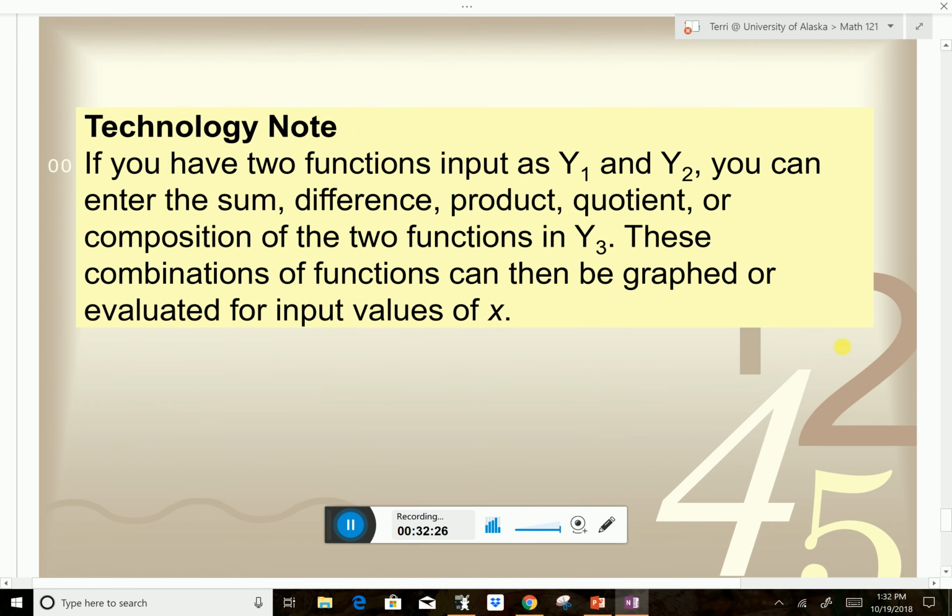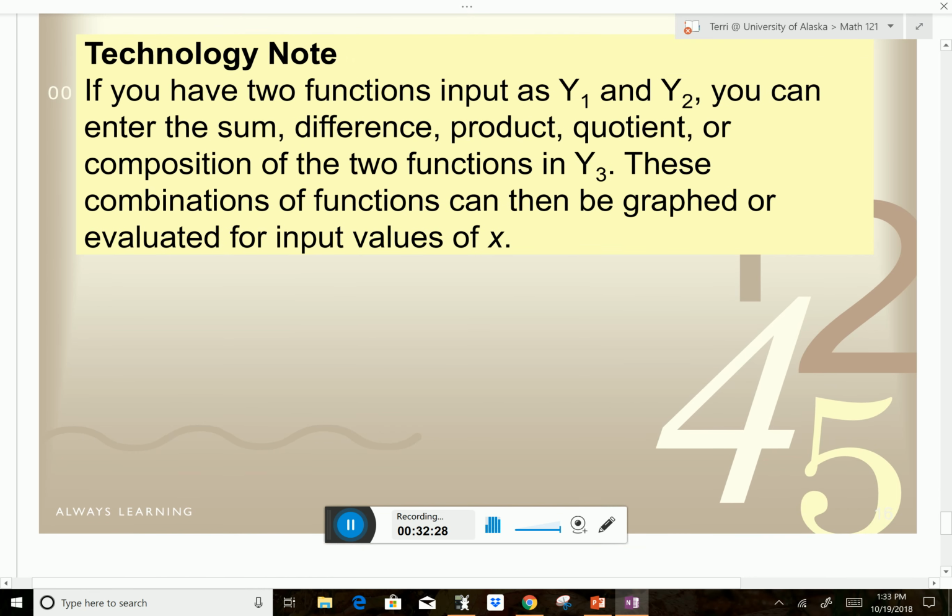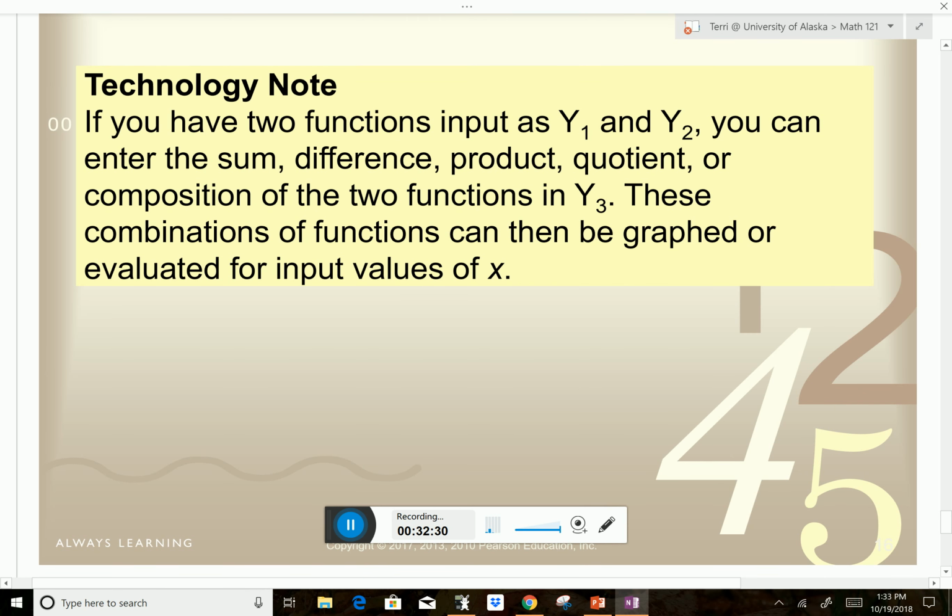So let's talk a little bit about technology. Now, you can do all of this on your calculator. Now, you cannot get the algebraic function, but you can graph them.